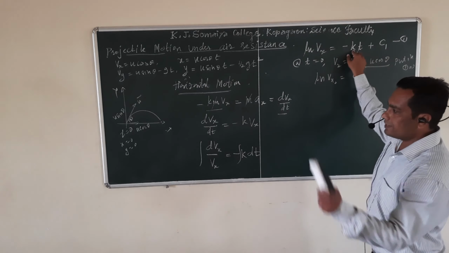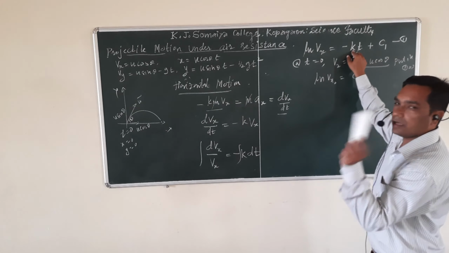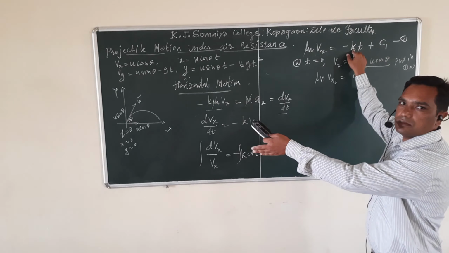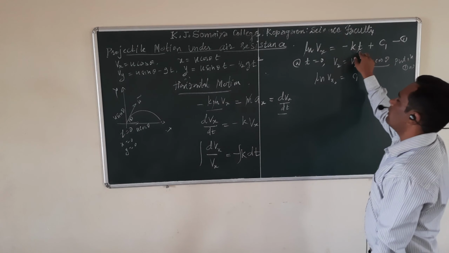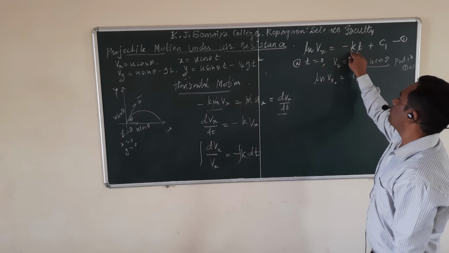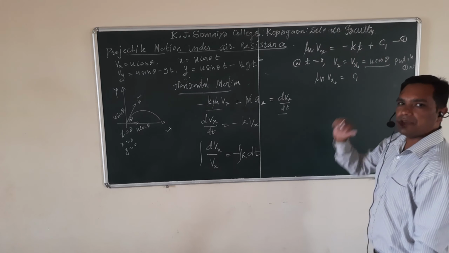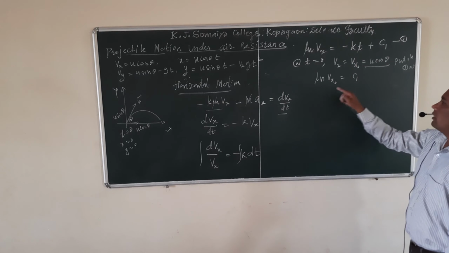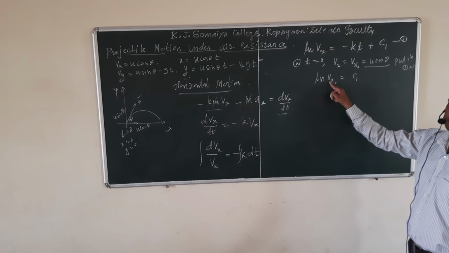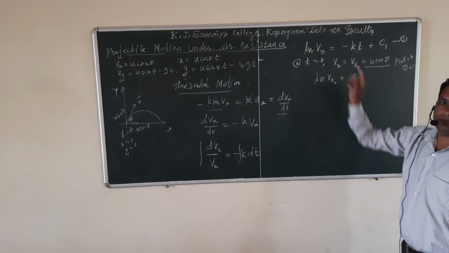K is 1 upon t, so 1 per second into second becomes dimensionless. So c1 must be dimensionless, that's why ln of vx0 is a dimensionless factor like this.